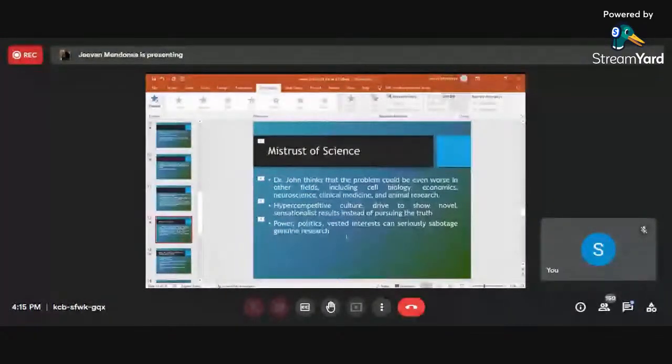My point, of course, is not to discourage you or demotivate you, but just to make you aware, precisely because this is also part of research. Having a critical mindset, a genuine mindset, a mindset to know whatever is the truth. And what is this leading to? Leading to, as the title of this slide says, mistrust of science.